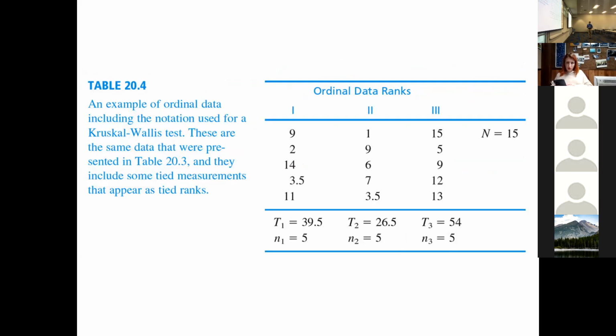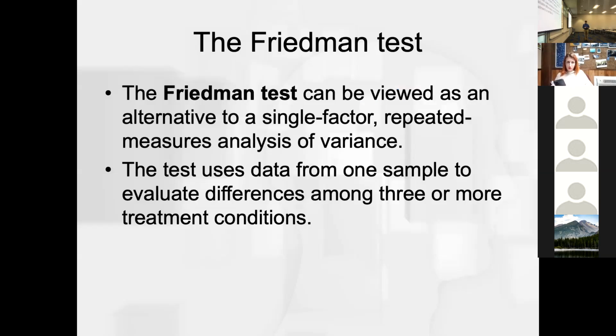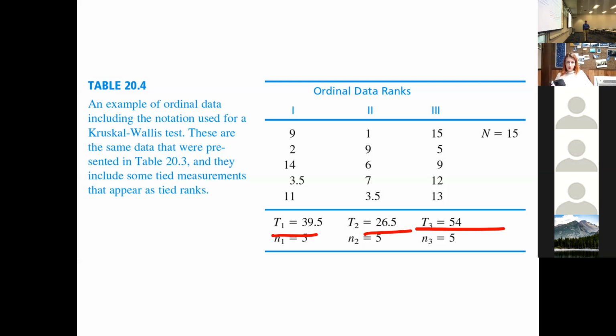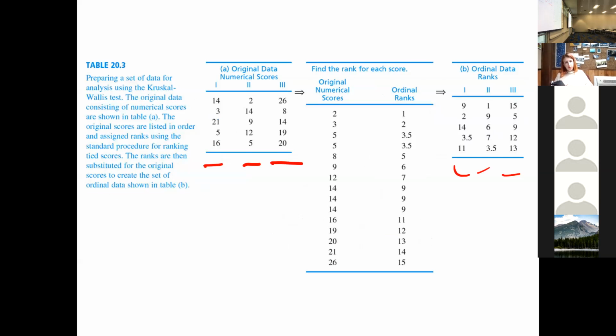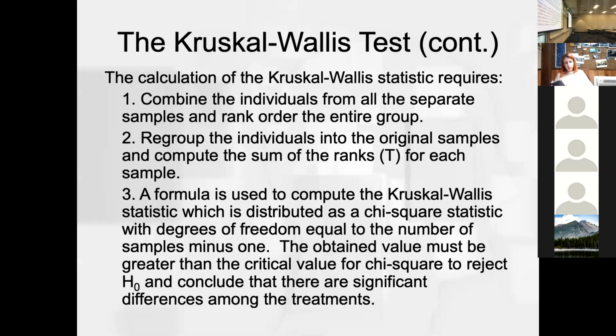When you sum up each of these columns, this is the sum of those ranks. And then you would plug them into the formula. But again, because you're not calculating it, don't worry about it. Questions about this?